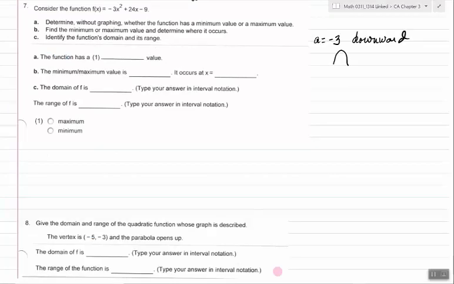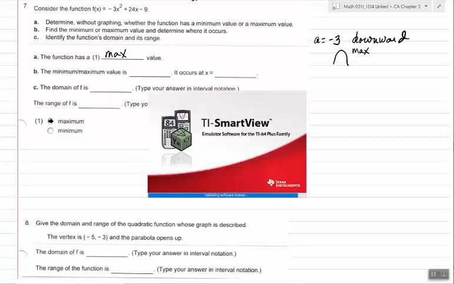Since it's opening downward, we're going to have a max. It will be a little pull-down menu, so you'll choose max or min, but I'm just going to write the abbreviation. And it wants to know what that max is and at what x it occurs, then the domain and the range. So I thought I would do one where I do this on my grapher.